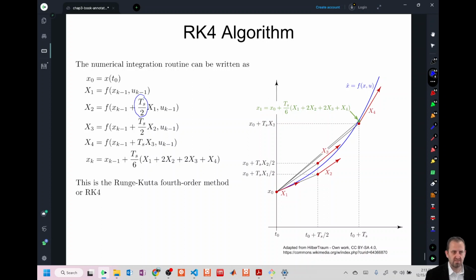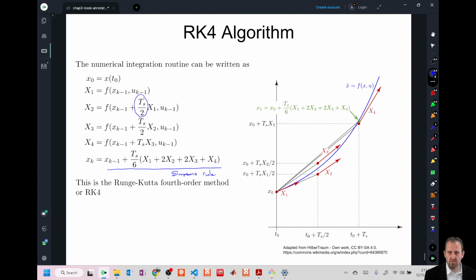And this big x4, now we do our full approximation, and this is now using Simpson's rule. Okay, so we have our state at discrete time step k is equal to the state at k minus 1 plus the Simpson's rule to give us that state update.